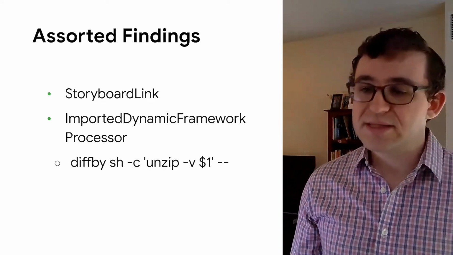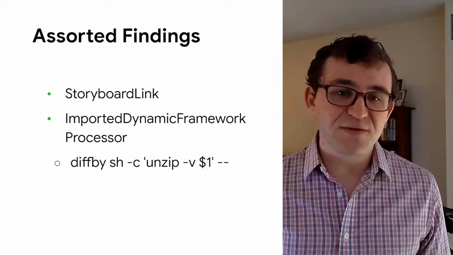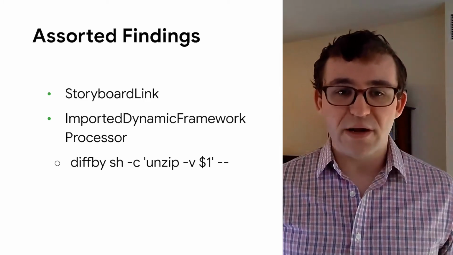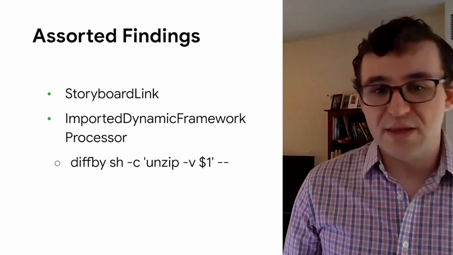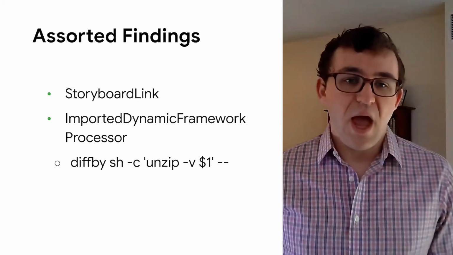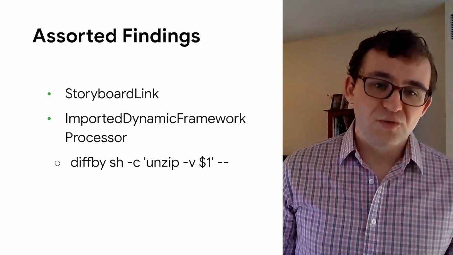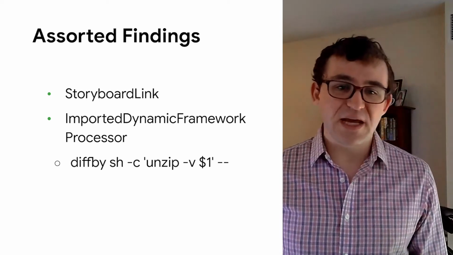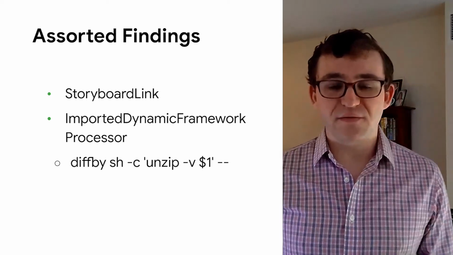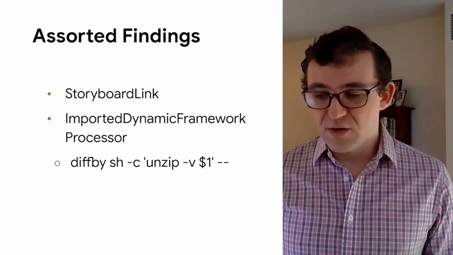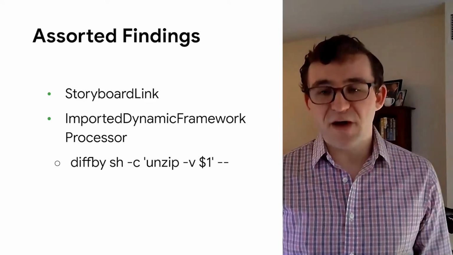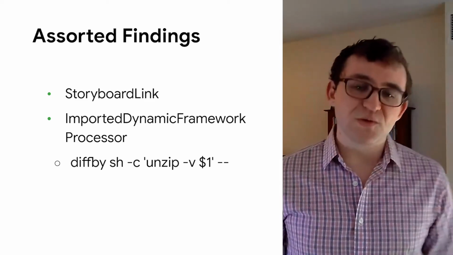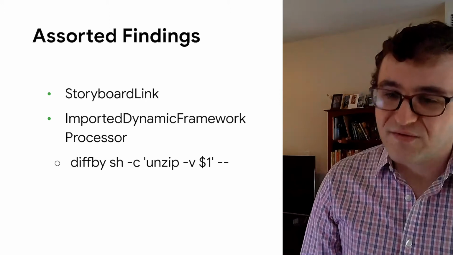So we downloaded the zip files and diffed the output of running unzip -v on them. And what that showed was that the timestamps in the zip were different for directory entries, but they were the same for file entries.